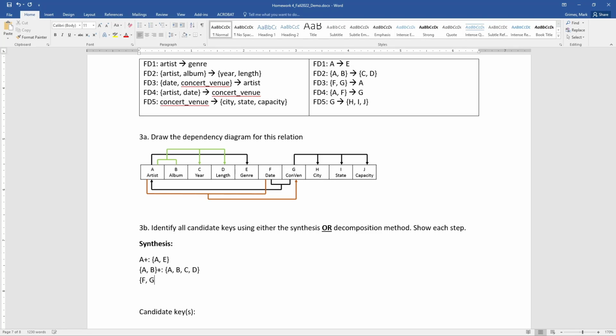The closure of FG is going to be FG, A, and then everything that's in the closure of A, which includes E. So F, G, E, oh, H, I, and J. And I believe that is it for FG.